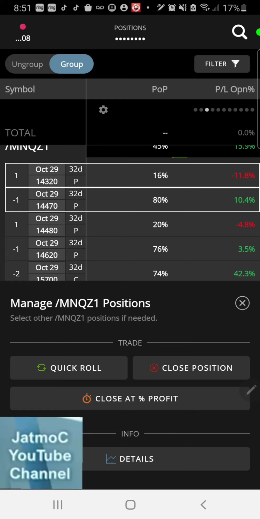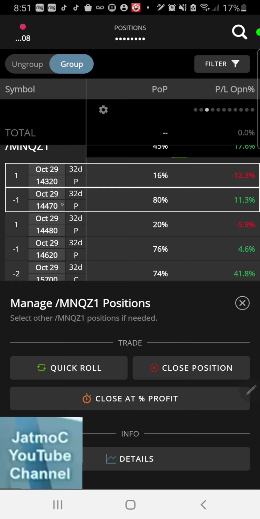It looks like more of a two-sided market, and that makes you able to have more strikes available at your leisure, because this is the 80% probability of profit.